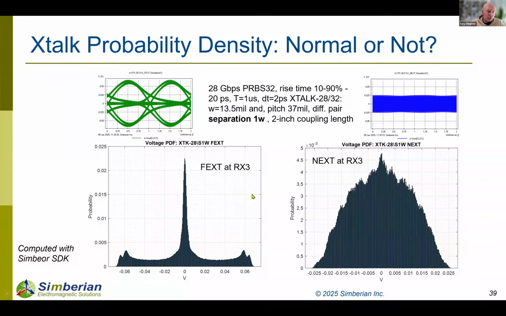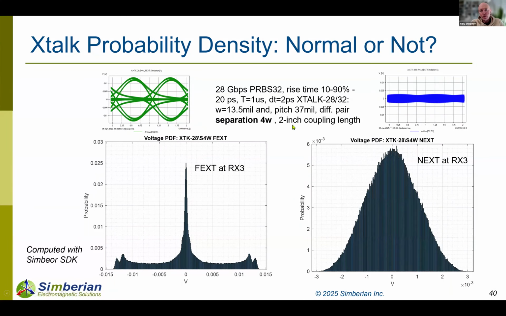So if you switch to probability, this is the last way to evaluate crosstalk in the probabilistic domain. If you plot the probability of far-end crosstalk, it will look like this, with 3 or 5 peaks in there. And near-end crosstalk will look more like a Gaussian distribution.